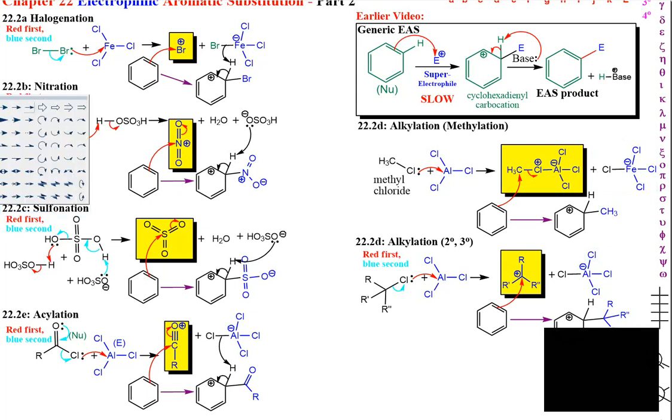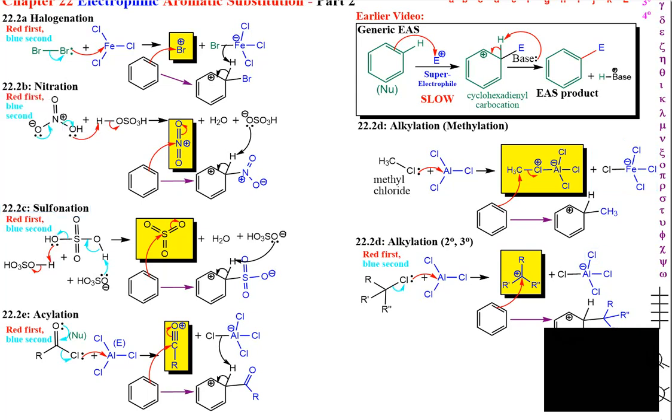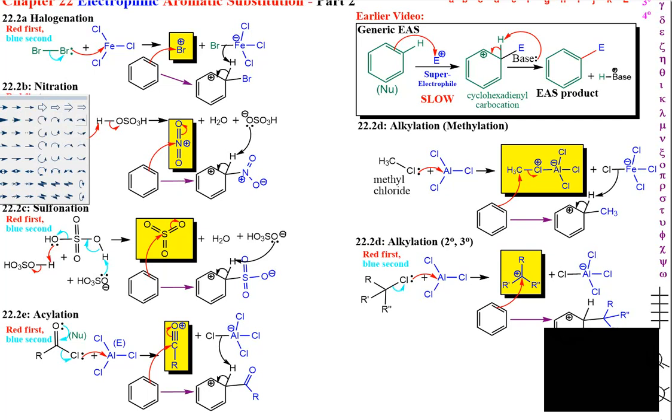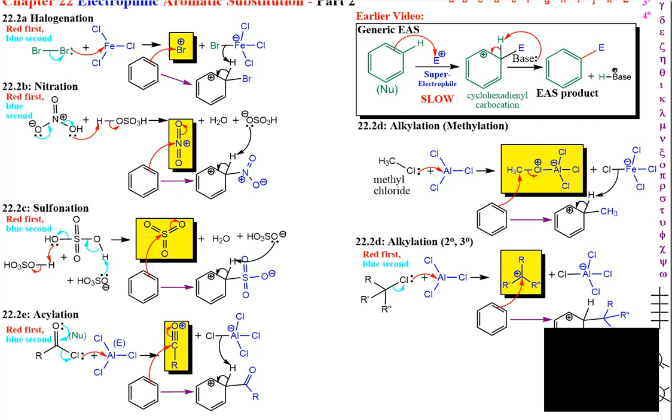The base will use a chloride to grab one of the H's, or grab the H, and sigma becomes pi, and that one's done, and the last one should look identical. Chloride takes its electrons, makes a bond to H, alkene is formed.